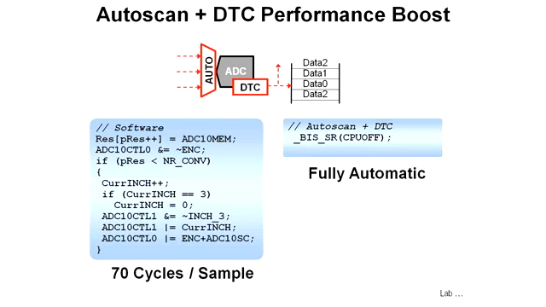Instead, we allow the auto scan and the data transfer controller to do all of this for us once we've programmed it. It will load the information into memory. We can go ahead and go to sleep while it's doing that. When all of those inputs are done, the ones that we've programmed, it will wake us up. Lowest possible software, lowest possible current, maximum benefit to your code.